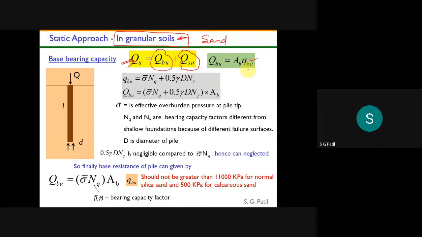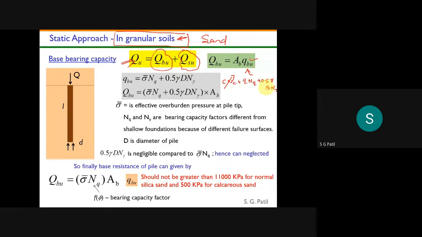So how can you calculate this unit base resistance? If you recall your shallow foundation, what was the formula? c Nc plus q Nq plus 0.5 gamma B N gamma. Okay, so if you recall, suppose you are having only sand, then this term will be 0. So you are left with only q Nq plus 0.5 gamma B N gamma.